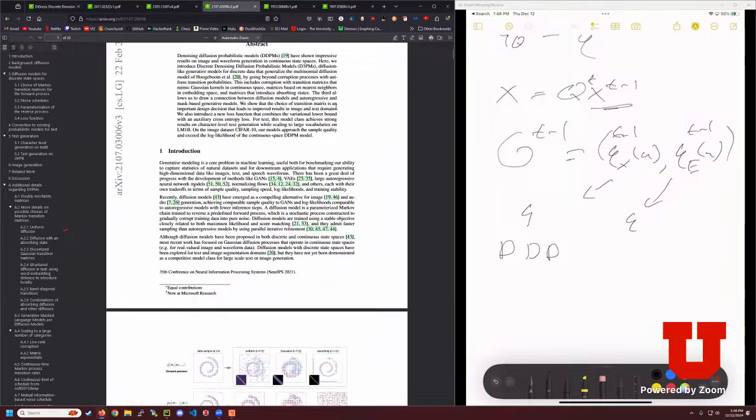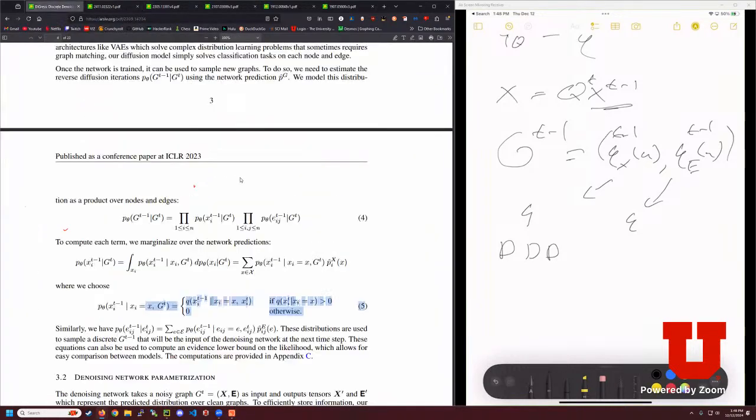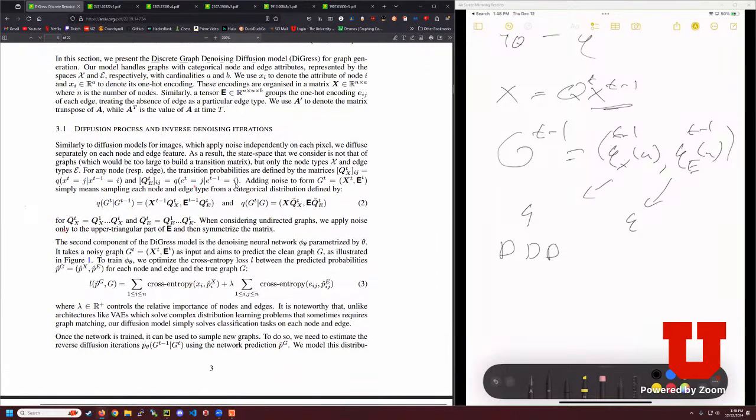I need to read through this one and follow exactly how they do it. They gave a very brief explanation. Also, this graph generation paper is following the discrete diffusion paper. Yes, they're just applying it to a graph problem.